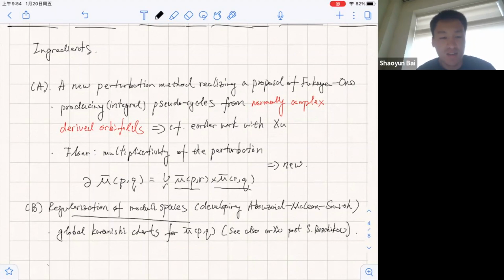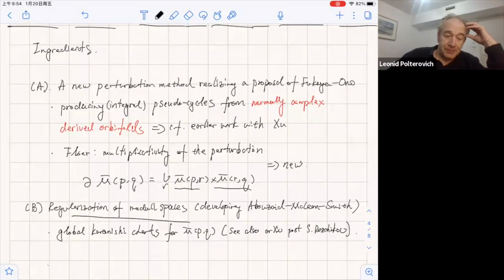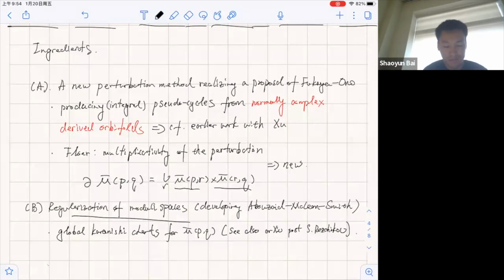And for us, I think his paper more or less contains a complete construction of global Kuranishi charts. But for other parts, perhaps more technical details should be added to make sure that's a complete proof. Okay, fantastic. Thank you very much. Thank you for the question.